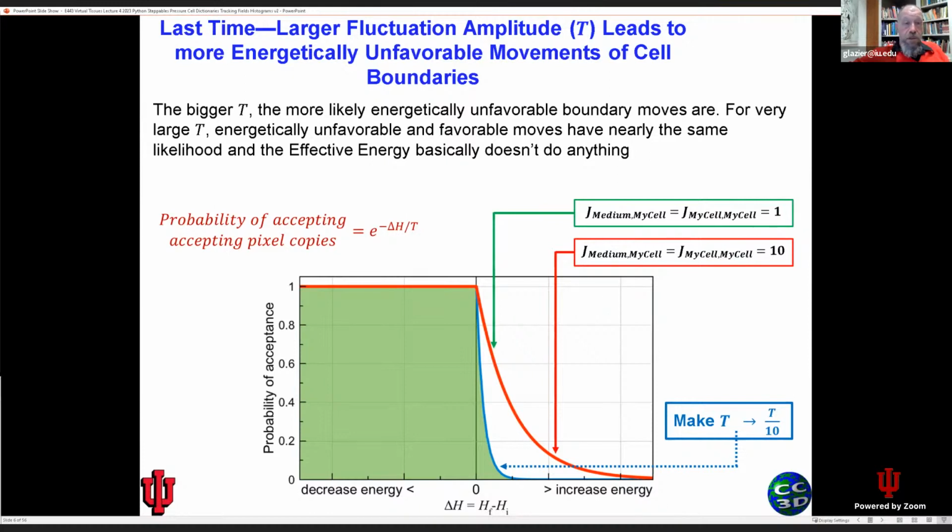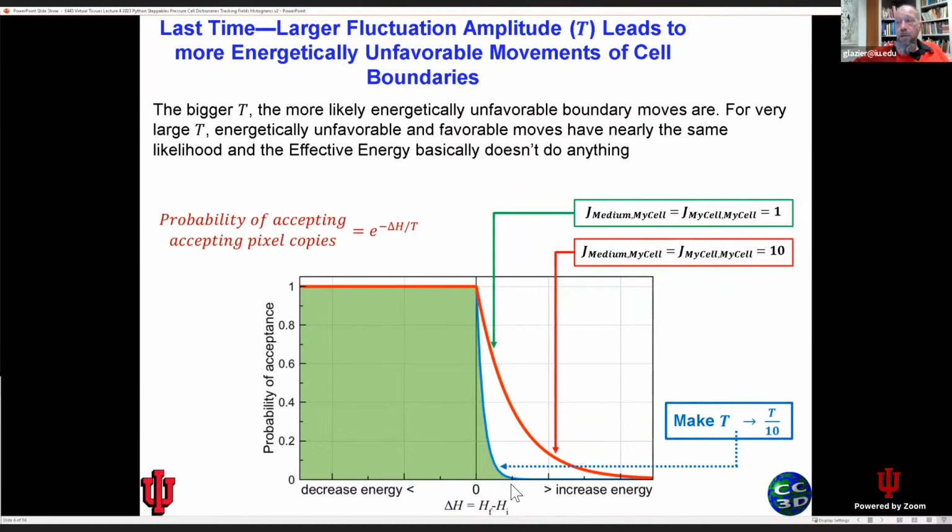If the move is opposed to the effective energy, if you're trying to push things uphill effectively, you still can make the change, but with a probability that decreases exponentially with the amplitude of the energy change divided by that fluctuation amplitude. And what you can see here schematically is the probability of accepting a change, which is 1 if you're decreasing the energy, and is decaying as you're increasing the energy.